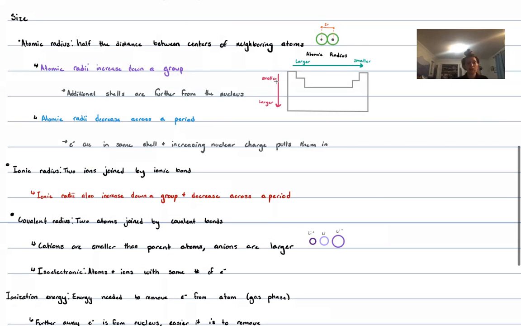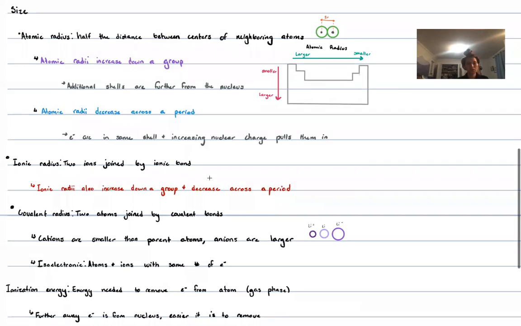So as you go down, it's going to increase, and as you go across, it's going to decrease. For the same reason, basically, as you have things pulling the electrons closer together here, and you have larger shells here as you go down.